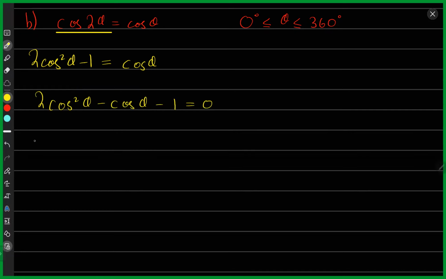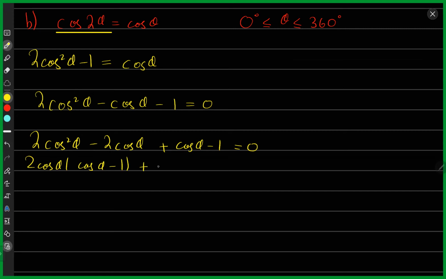So it's going to be minus 2 cos theta and plus 1 cos theta minus 1 equals 0. So I can take 2 cos theta common. This would give me cos theta minus 1. Plus I can take 1 common, and this would give me cos theta minus 1 equals 0.